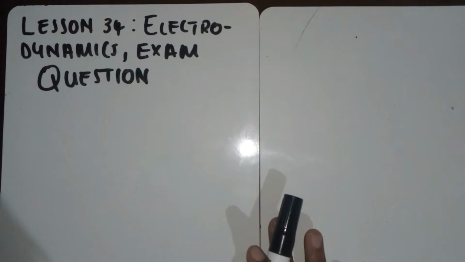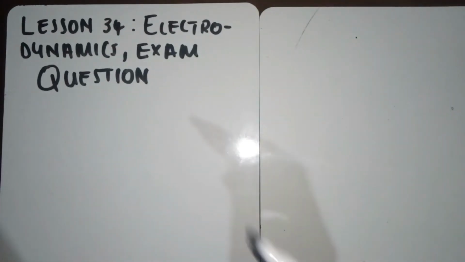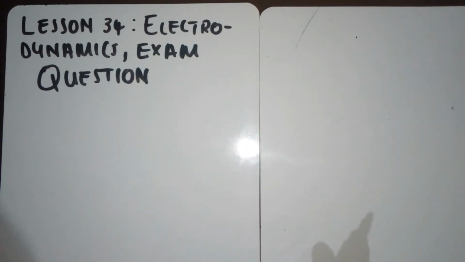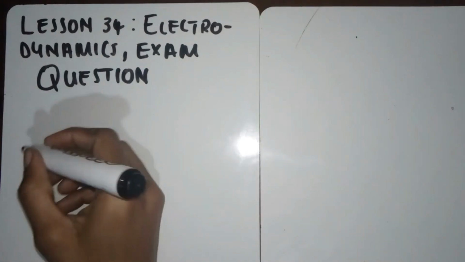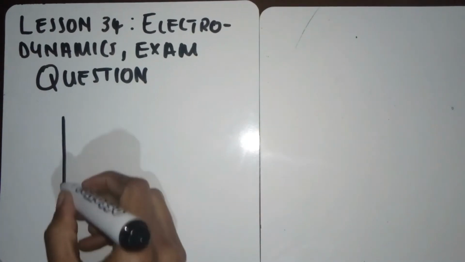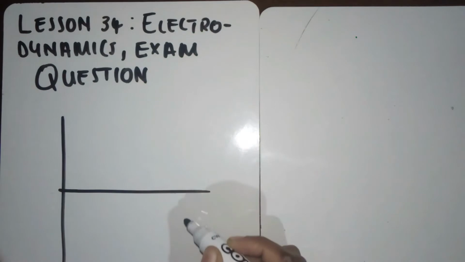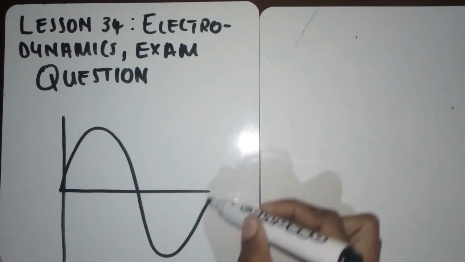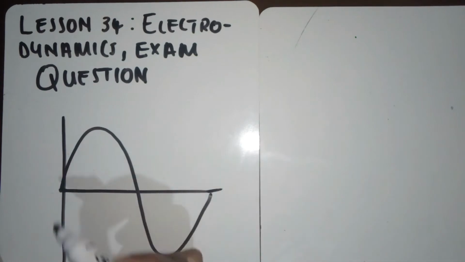So let us try to actually answer the questions from 9.3. Actually, on lesson 34, we are doing a question from a previous question paper. In our question we are given a sinusoidal graph for the potential difference of a certain AC generator, and this is what it looks like.